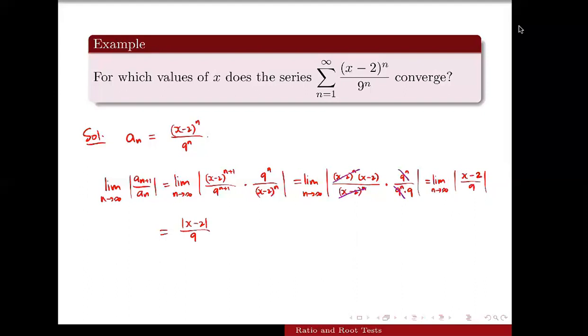Take note, 9 is always positive, so we can remove the absolute value for that part. On the other hand, x minus 2 has a variable x, so you will possibly have negatives. In fact, if x equals 0, you have negative 2. So you have to put the absolute values.